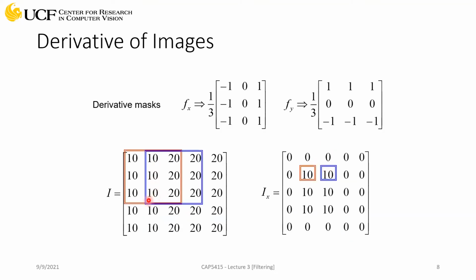And when your value is changing from left to right, so this is your derivative operator, right? So if the value is changing, then you will get some number here. It will be a non-zero value. And the magnitude of that value will indicate how much the change was. So in this case, if the change is just 10, right? It's going from 10 to 20. So that number 10 is indicating that amount, how much it actually changed.